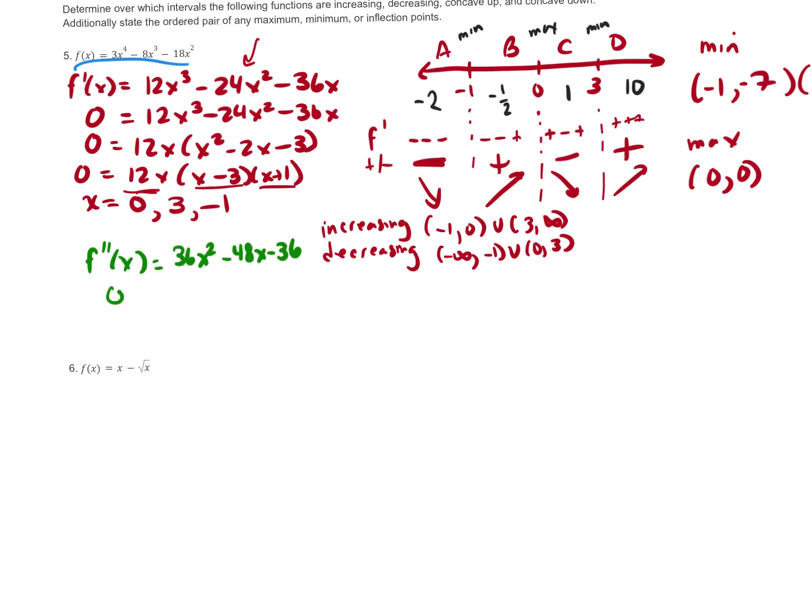When I set that equal to 0, I can take out a 12 for sure, and I'll have 3x squared minus 4x minus 3. The 12 is kind of pointless at this point because it's just a 12. So I could just use the quadratic formula to find the zeros.